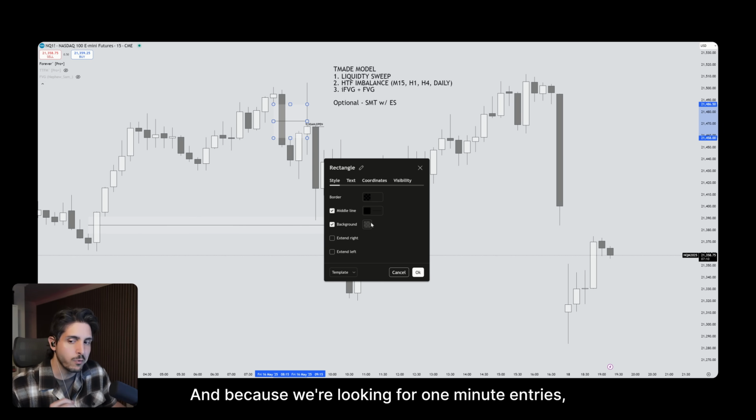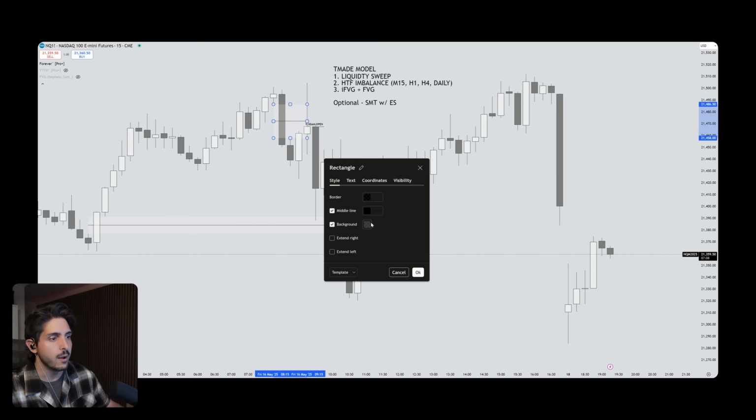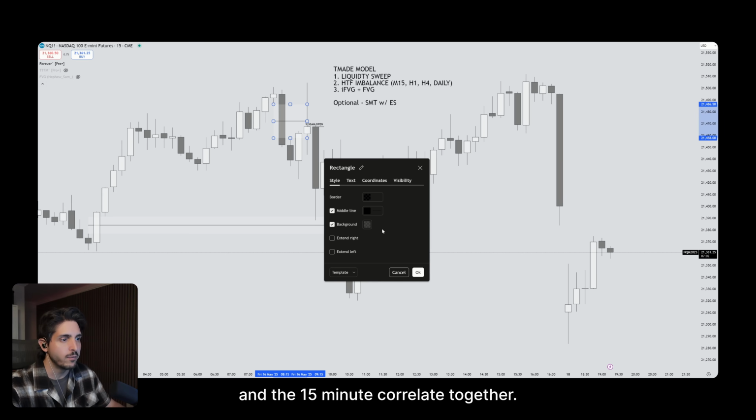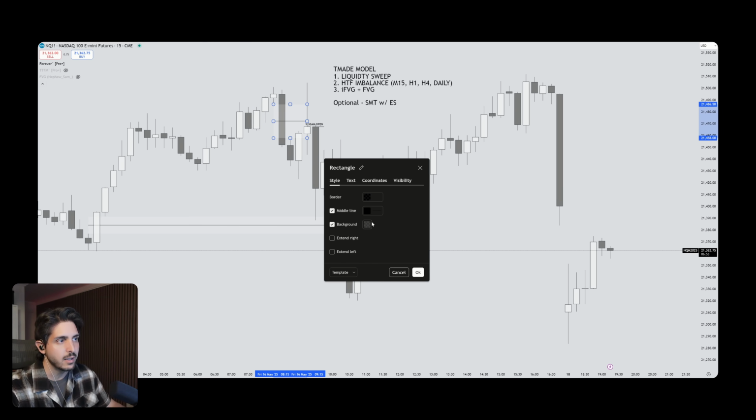Because we're looking for 1-minute entries, it's very important that we look for those 15-minute gaps, because the 1-minute and the 15-minute correlate together. So I like to use the 15-minute. Obviously, if there's a higher time frame, an H1, an H4, or a daily, you can also use that.